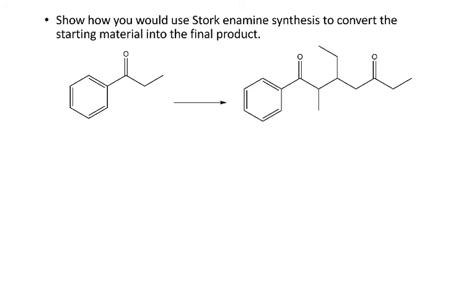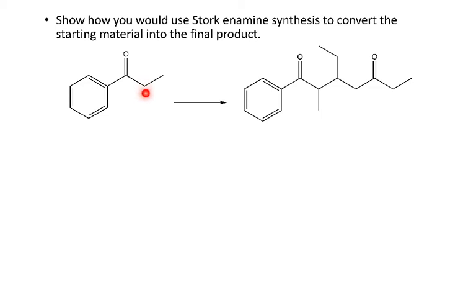So we want to know how we would make the following compound using Stork enamine synthesis. I have my starting material, and I want to create this product. If I imagine using this as the Michael donor, I would turn this into the enamine, right?